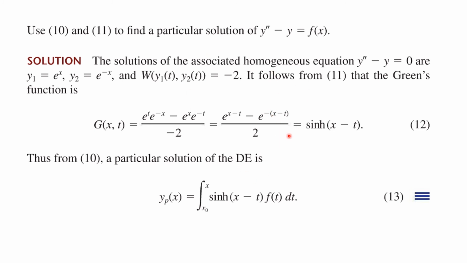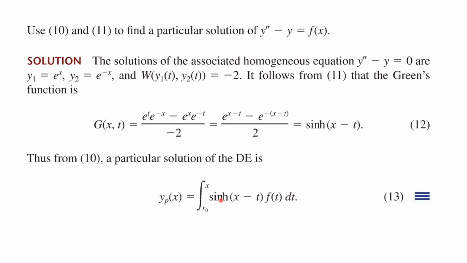Now maybe you remember this and maybe you don't, it may have been in Calc 1 or Calc 2, but you talked about this function. It does come up a lot in applied math. It comes up in this course. This is the first time it does. When we do Laplace transforms, this also will come up. This is called the hyperbolic sine. So this is the hyperbolic sine of x minus t.